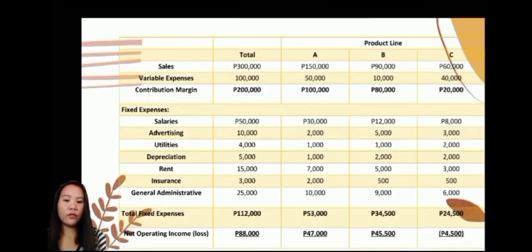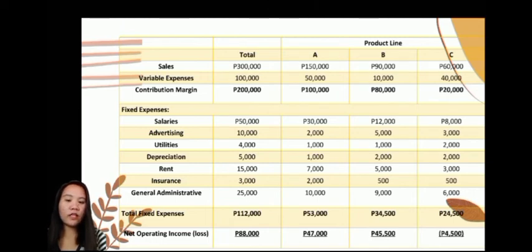In this scenario, the two alternatives under consideration are whether to keep the product line that reports a loss or to drop it. We can see that product line C generates the lowest contribution margin among all the other product lines.